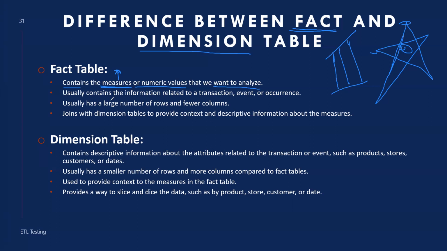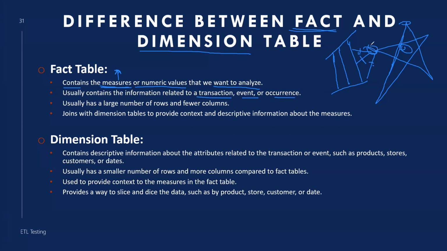The second thing is that the fact table usually contains information related to the transaction, event, and occurrence. When I say event and occurrence, it means one customer did a purchase three times in a day. That is an event, and each transaction will be stored inside the fact table.